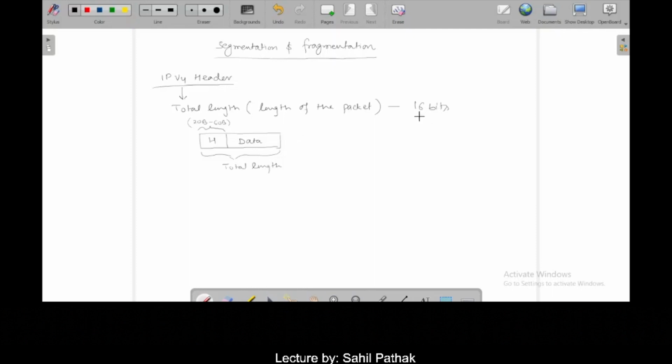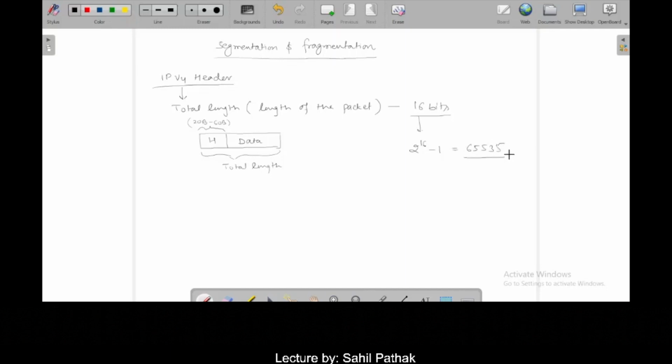So here you can see that 16 bits are reserved for the length of the packet. That means the maximum number that could be represented with 16 bits is 2 raised to power 16 minus 1, and that is 65535.